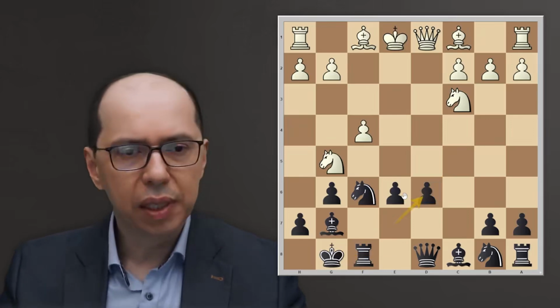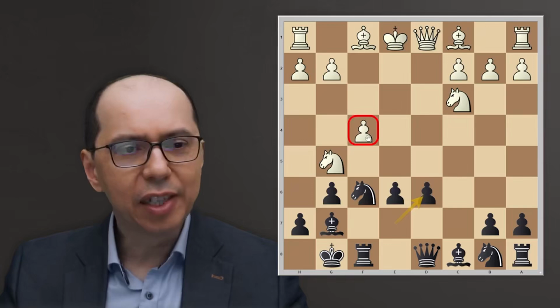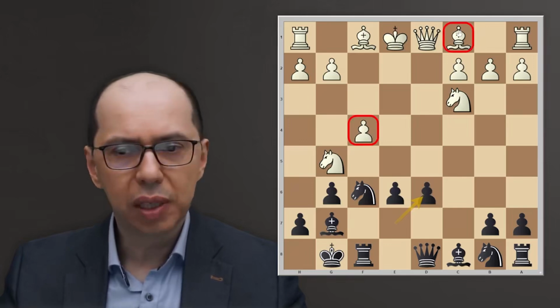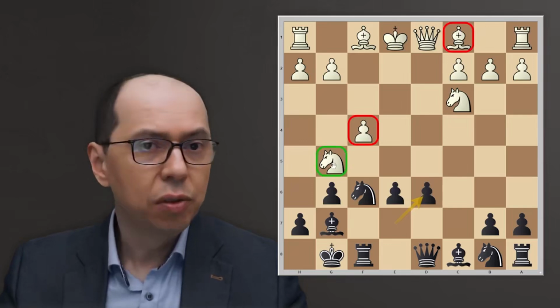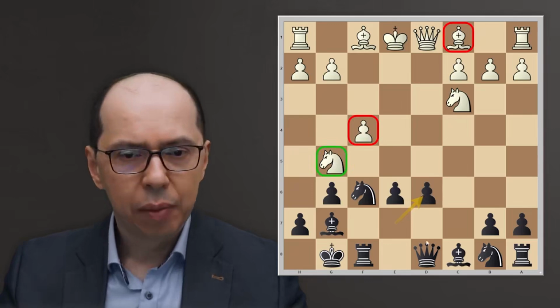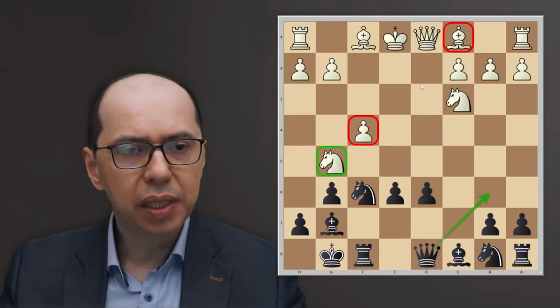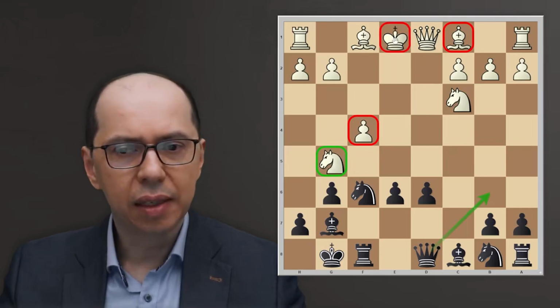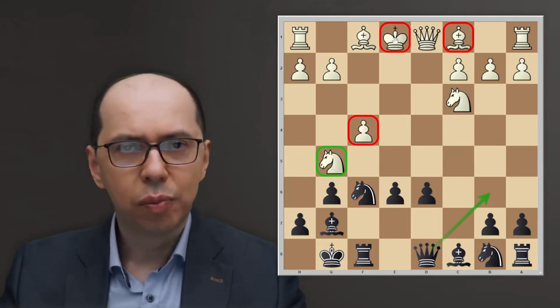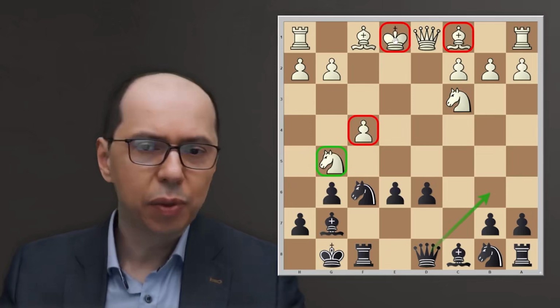Takes is normal, and now White has this strange looking pawn on f4 blocking the bishop once again. The knight on g5 is not doing anything really, and Black threatens queen b6 to make sure that the king remains in the center, and White has a lot of problems to solve in this position.